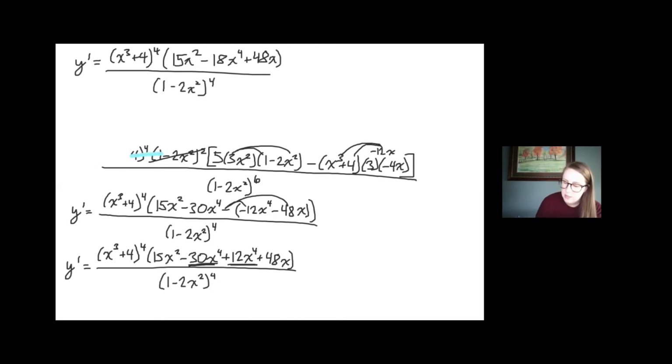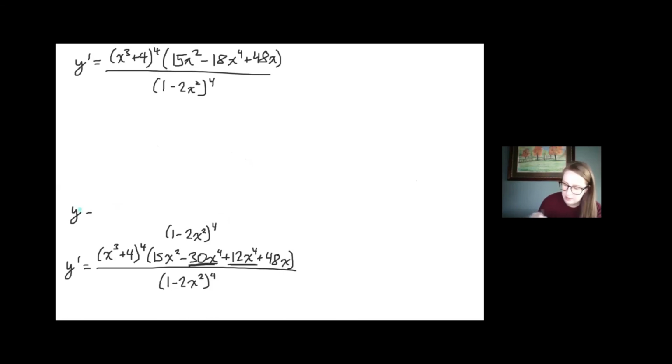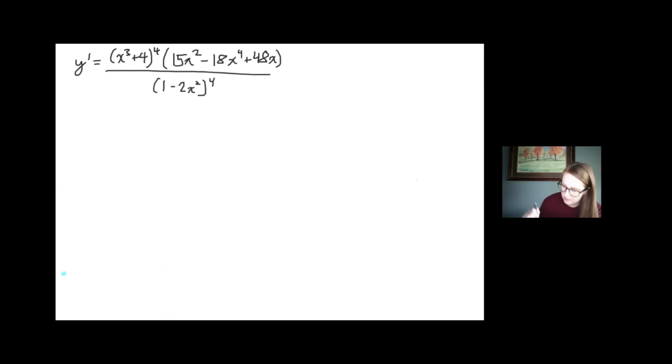If you would like to take it one step further, you can. So if you want to be an overachiever, the way that you could take it one step further is by looking at this set of parentheses. All of those three terms have a factor in common, and that is 3x.